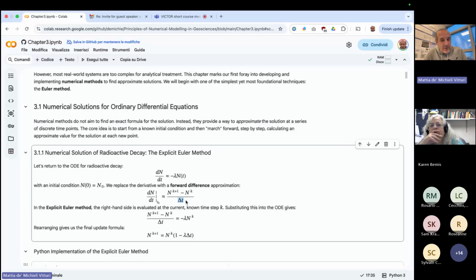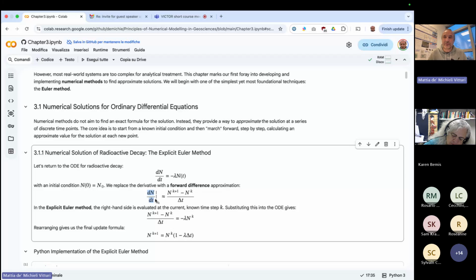Today we will see only first order schemes like this, but if you use approximations of the derivative like, for example, the Runge-Kutta method, that can be of higher order, second, third, or fourth order, this means that the error in the approximation of the derivative will decrease not proportional to delta t, but, if you have a second order method, proportional to delta t squared.